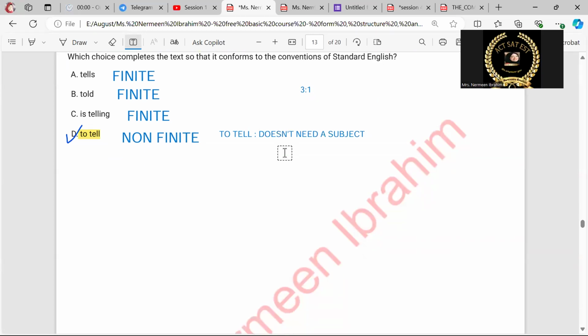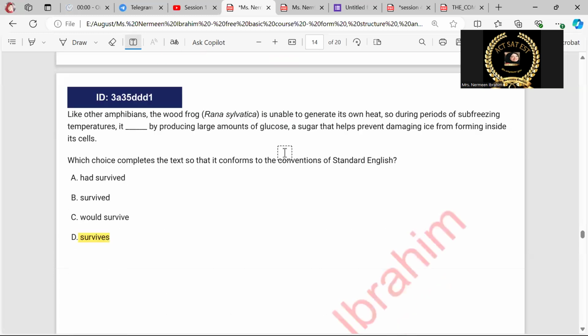It's almost in subject-verb agreement. But sometimes it's applied also on verb tense questions and finite and non-finite. If we have 3 past forms while we have 1 in the present, we're gonna check the present first.